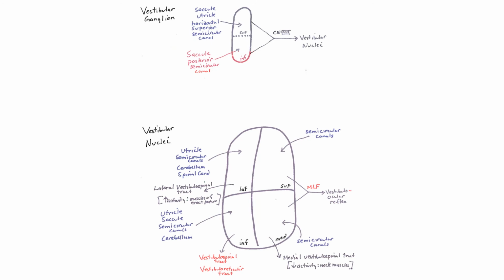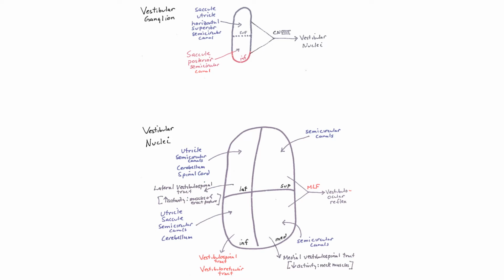From the hair cells of the vestibular system, we are going to see cell bodies located in the vestibular ganglion. The vestibular ganglion is going to have two parts to it: a superior section and an inferior section. And what makes these two areas different is where the nerve fibers are coming from.